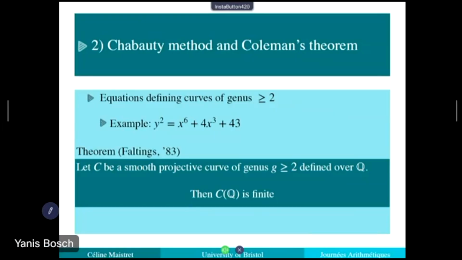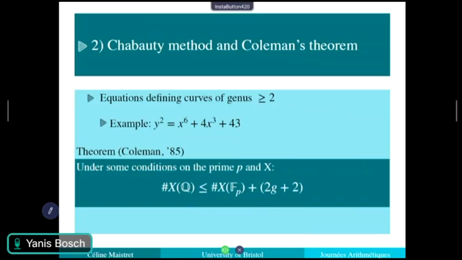This is the Chabauty method, quadratic Chabauty as well, and Coleman's theorem. So the first thing is the theorem of Coleman. Under some conditions on the prime p that you choose and your curve X, and I won't give any details here, the set of rational points of your curve is bounded above by the number of points on your curve over F_p plus twice the genus plus 2.